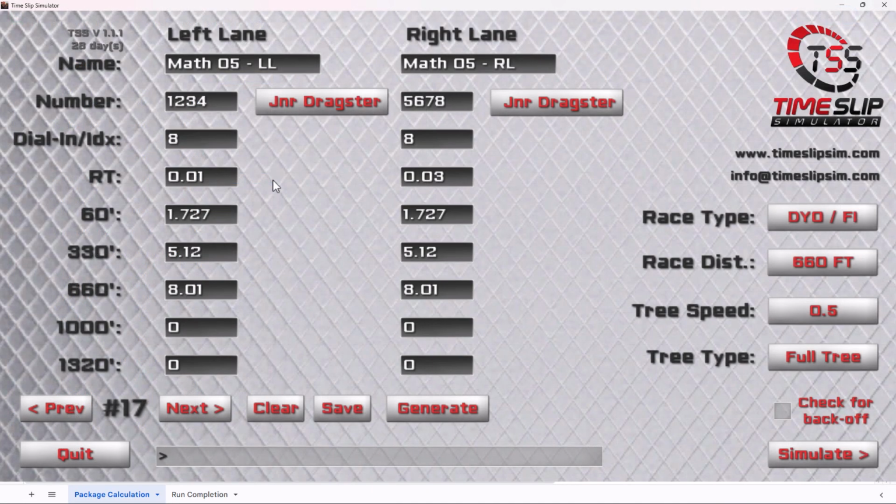So here we have the reaction time example in the TSS. To simplify this concept, both races are dialed in exactly the same, so 8 seconds. Both are going over the dial-in by 100th. The only difference is 200th in the reaction time. So press simulate.